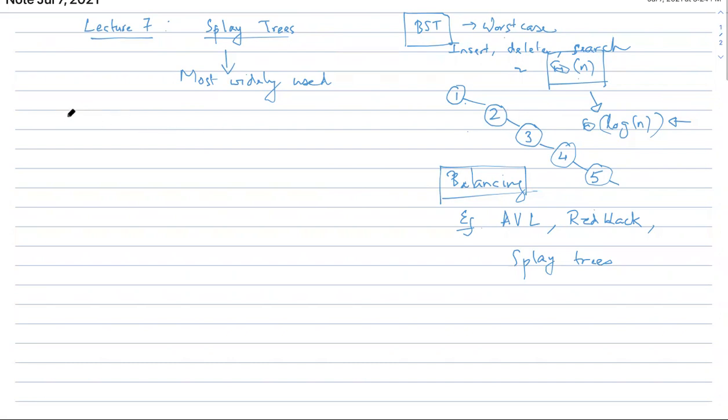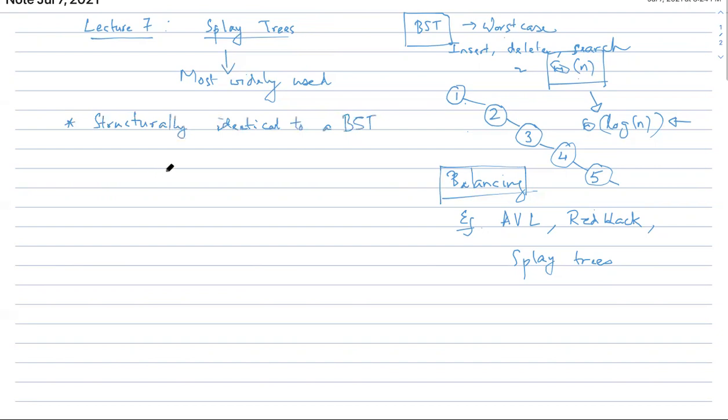So splay trees are structurally identical to a binary search tree.